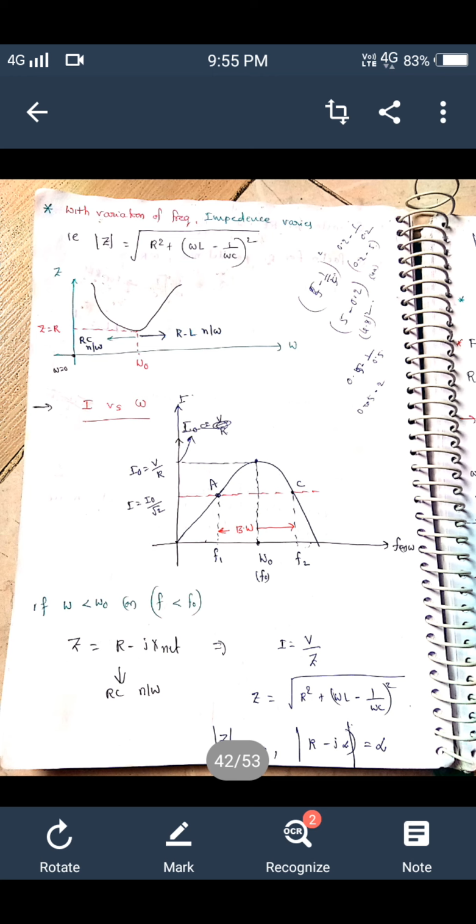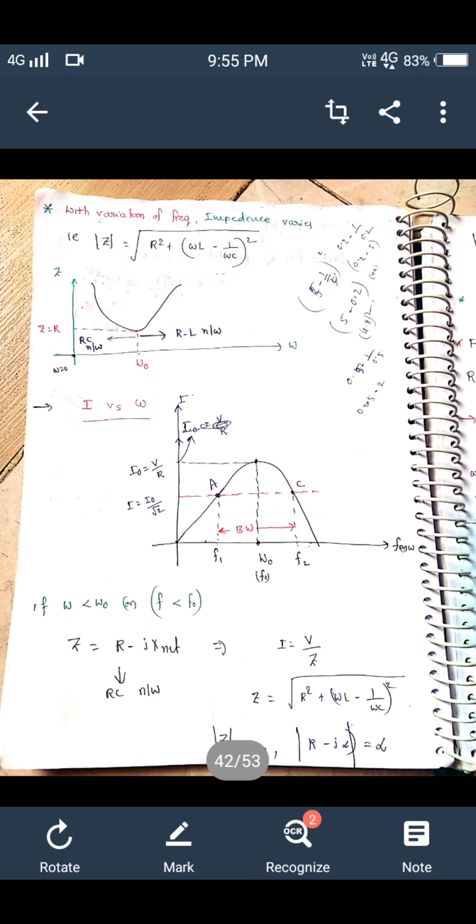Now here, AC quantities we always define with RMS value. If I consider the RMS value, it is equal to I maximum by root 2. That value is always more than half current.